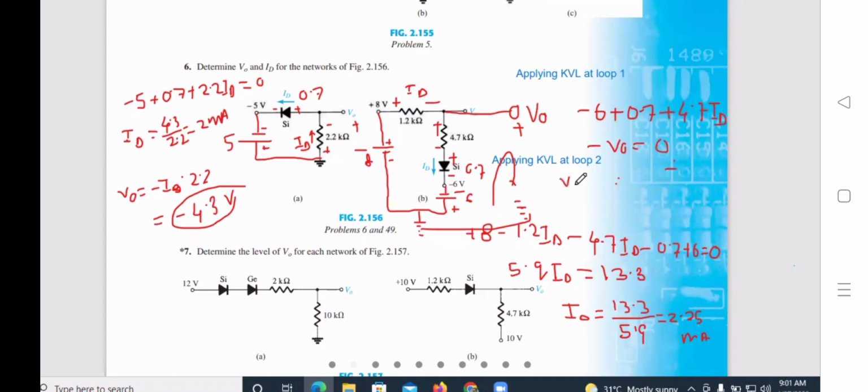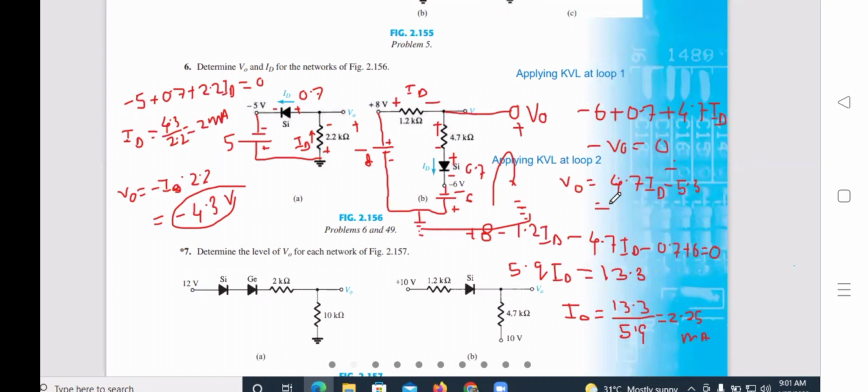So V naught equals to 4.7 ID minus 5.3. ID is 2.25.